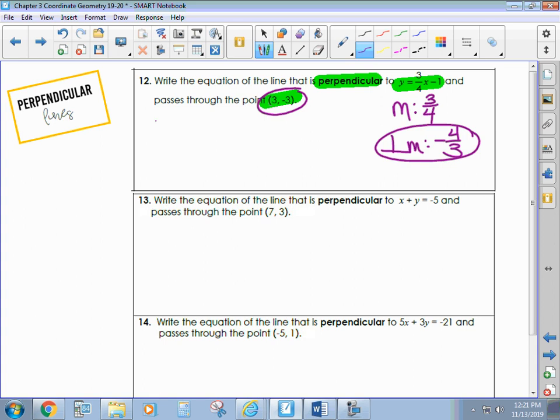Go. y plus 3 equals negative 4/3 times x minus 3. All right, let's try the next one.